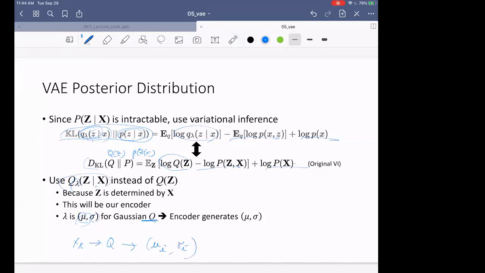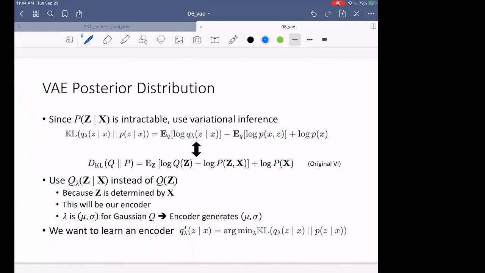So your encoder will generate a unique mu and sigma pair for each X given to the encoder. Once you have that, you can sample Zi from this distribution, put it through a decoder, and reconstruct an Xi, which is of course X prime i, and then you want Xi and X prime i to be the same thing.